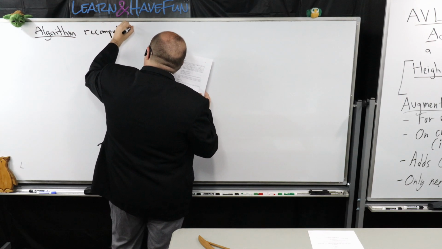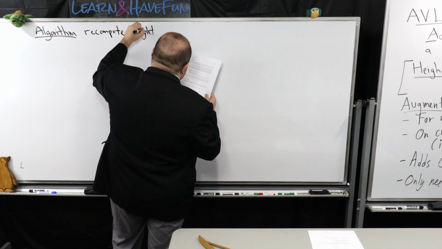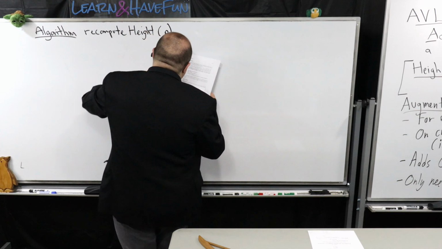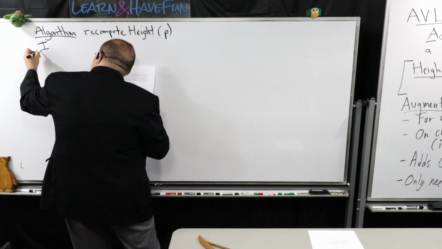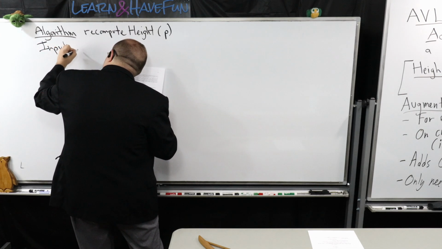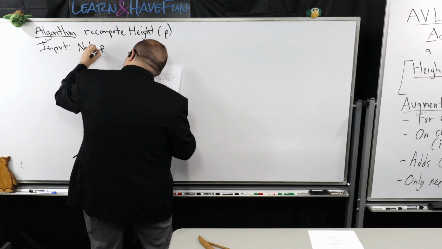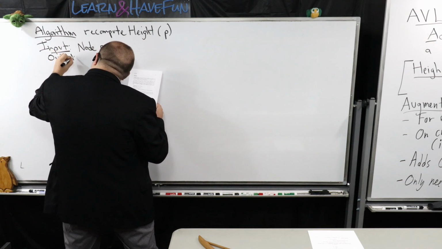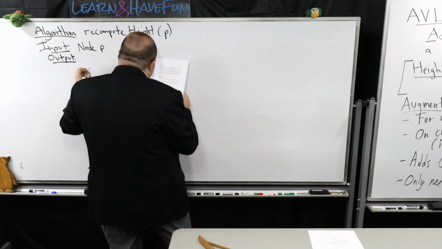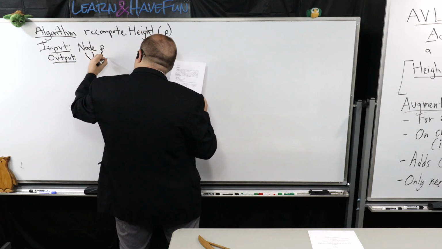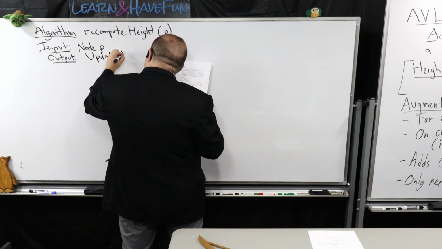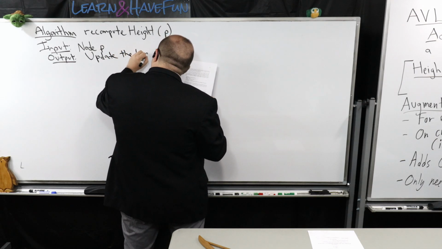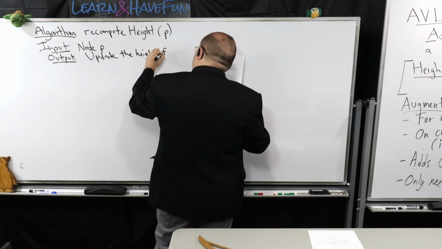We're going to recompute the height. And imagine I give you some node P. So as input, I get node P. And as output, it's just going to update the height for P.